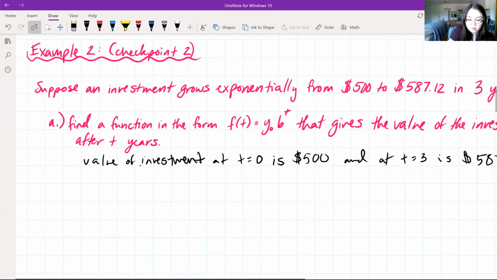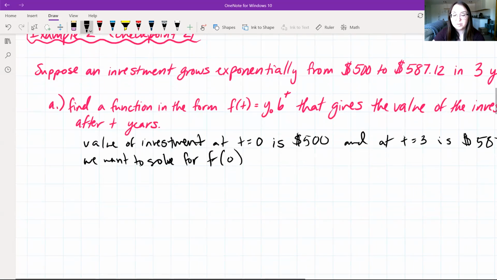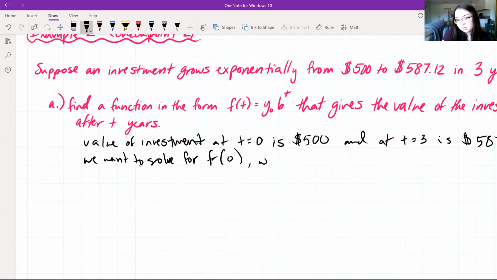So we want to solve for f of 0. So we're solving for that y naught.